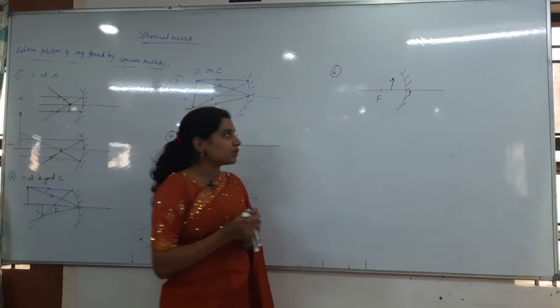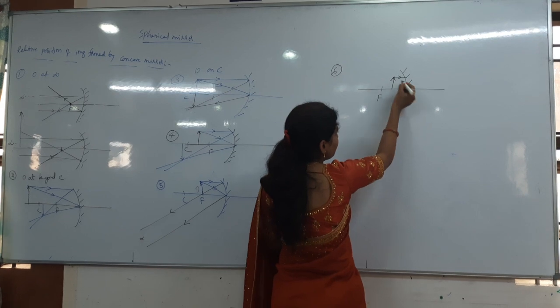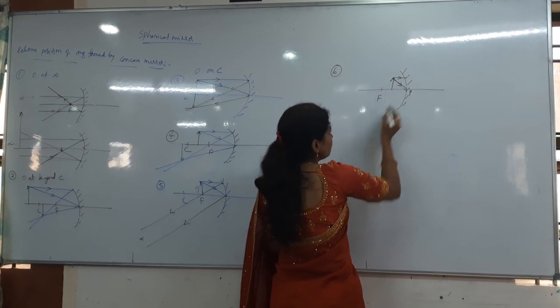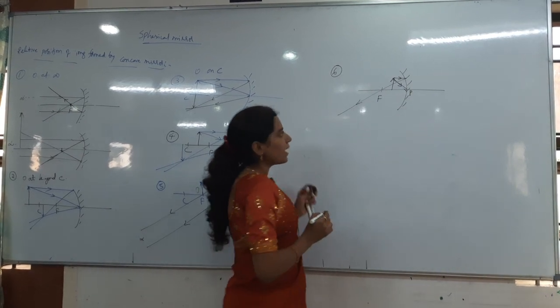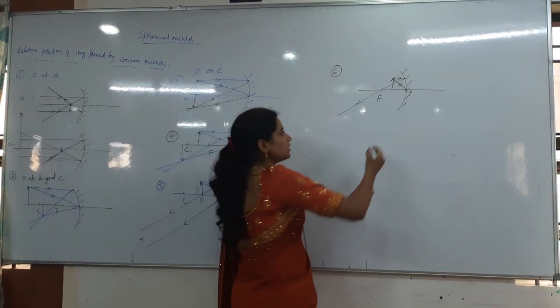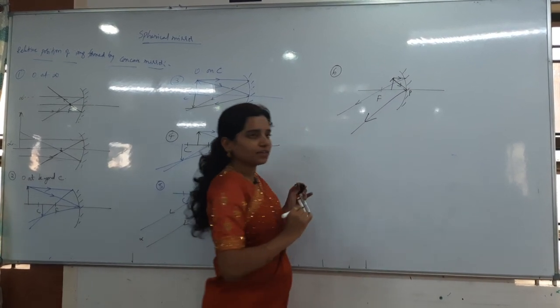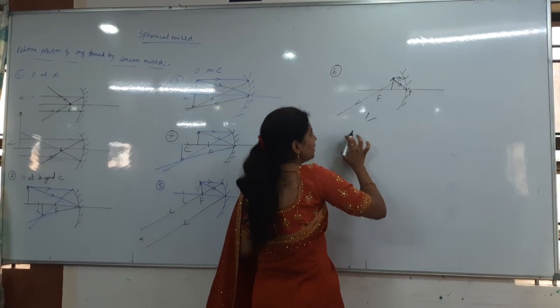I will draw the diagram, you can understand that properly. Now I have just drawn a straight paraxial ray, and then another ray is passing through the pole. This paraxial ray obviously reflects back through the focus, and for the next one obviously the angle of incidence equals the angle of reflection. Those are not parallel, by the way.